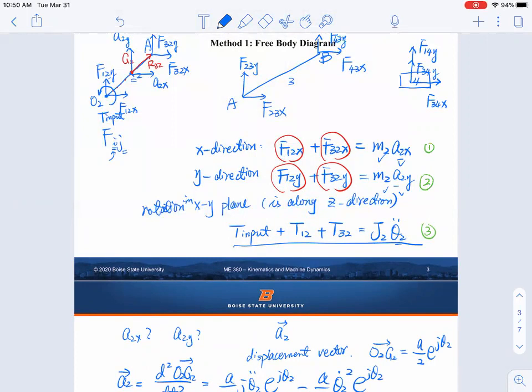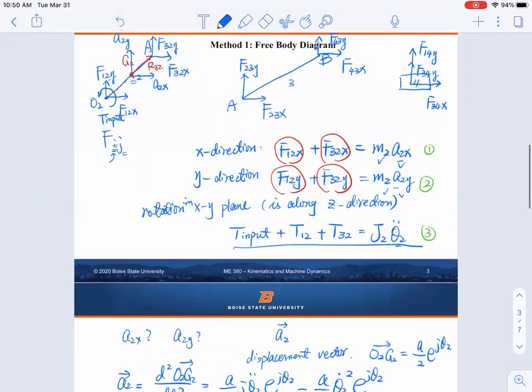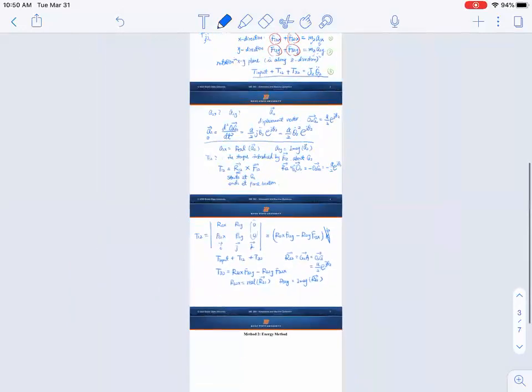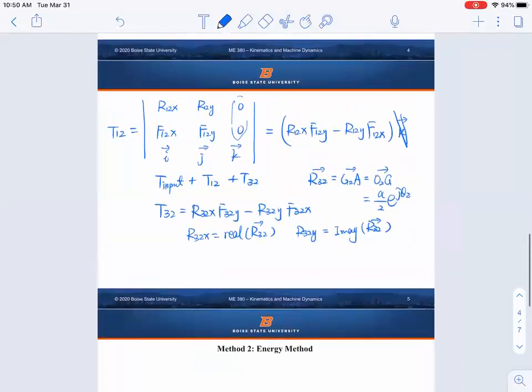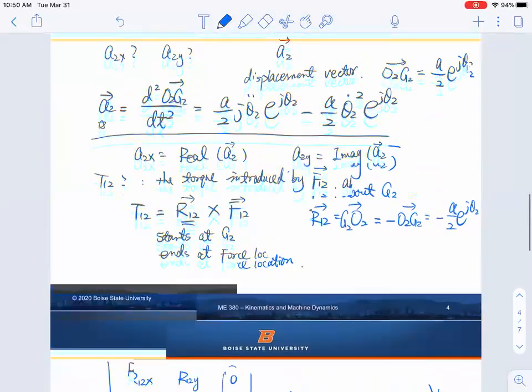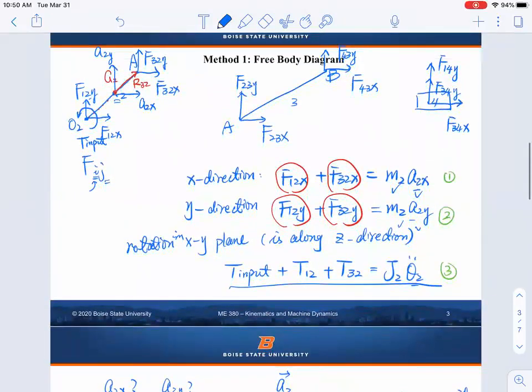So how about the second link? We have the two forces on it, 2, 3, and 4, 3. The easy case is actually, let's zoom out, you can directly replace all the subscripts. Let's focus on equation number 1. You can replace the 1, 2 by 2, 3, replace the 3, 2 by 4, 3, and then replace all the subscript number 2 by 3.